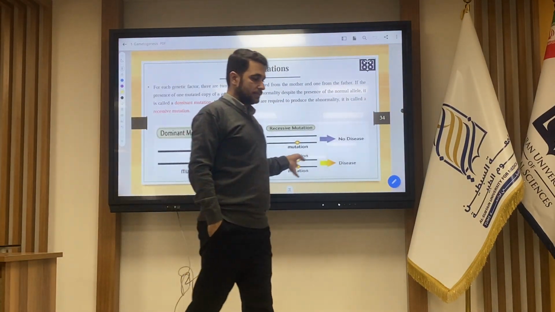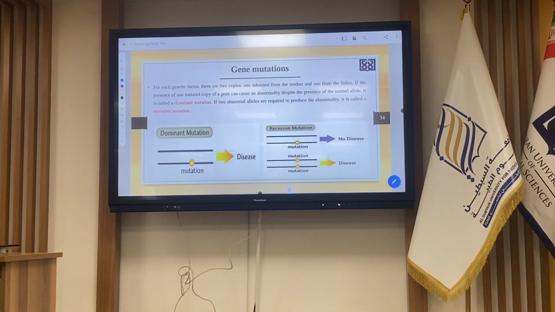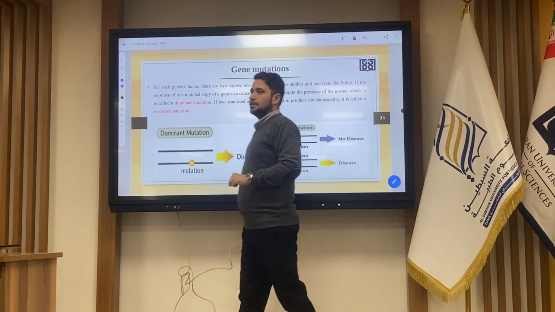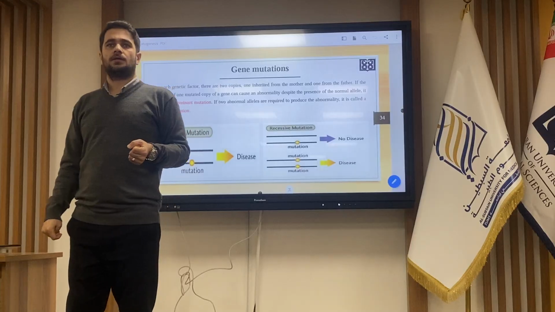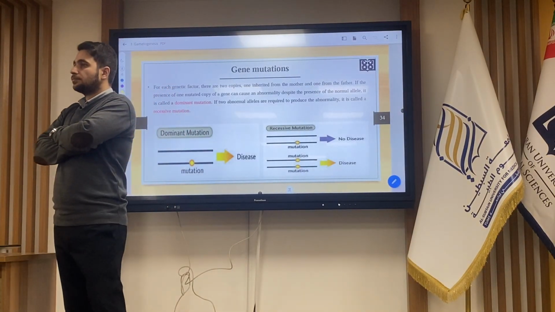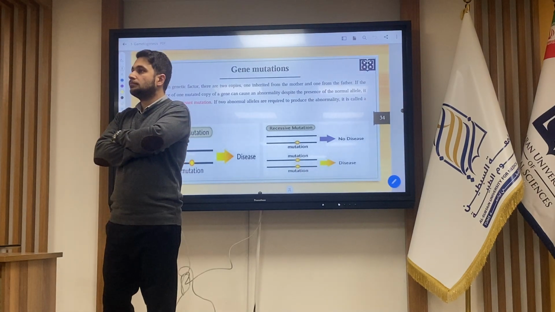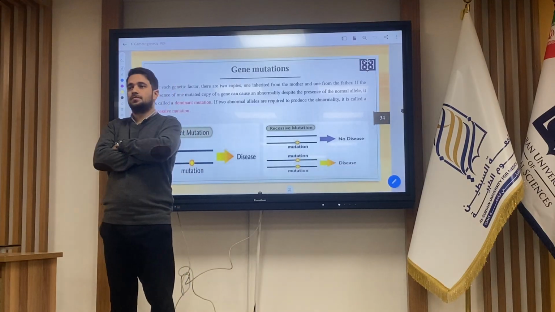After the numerical abnormalities and also structural abnormalities, you are seeing the gene mutations. What does it mean, mutations? Change in the organization of the genes, succession of the genes. Yes, both of them true.